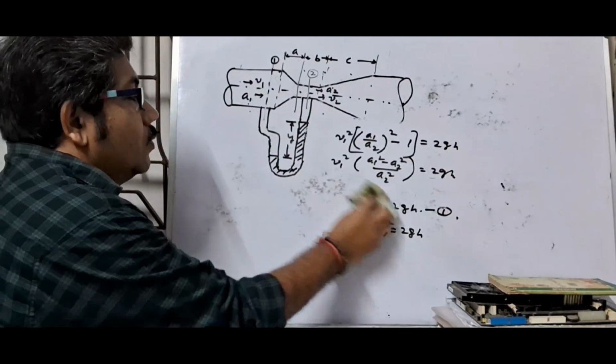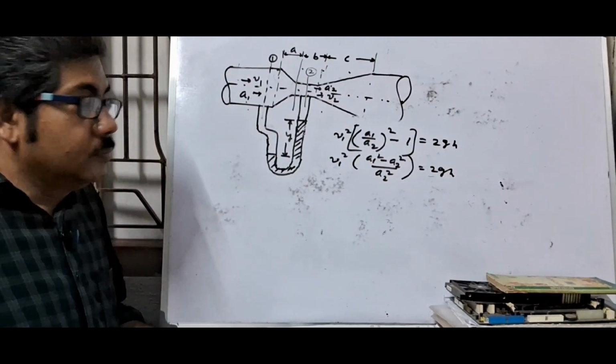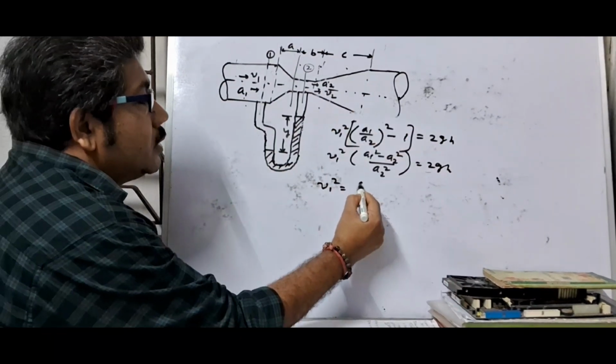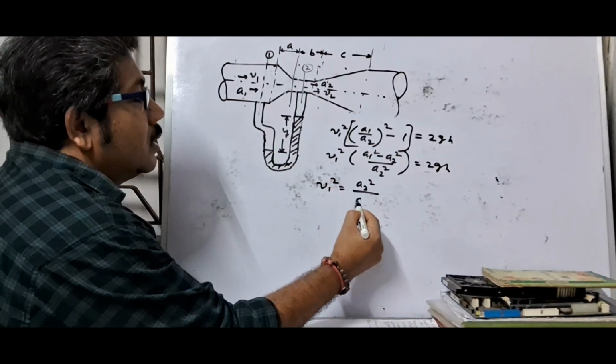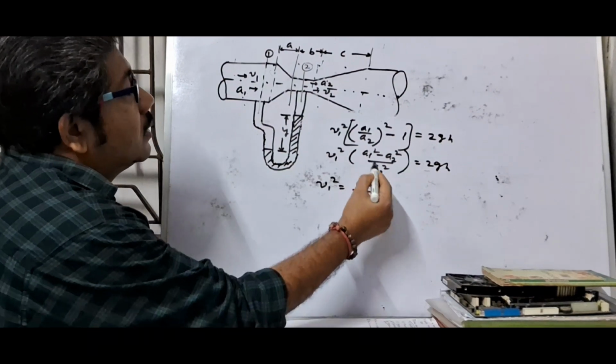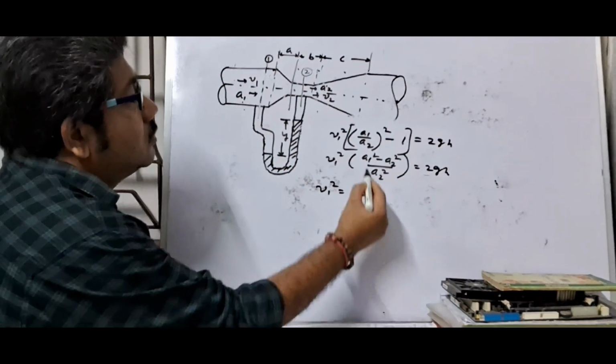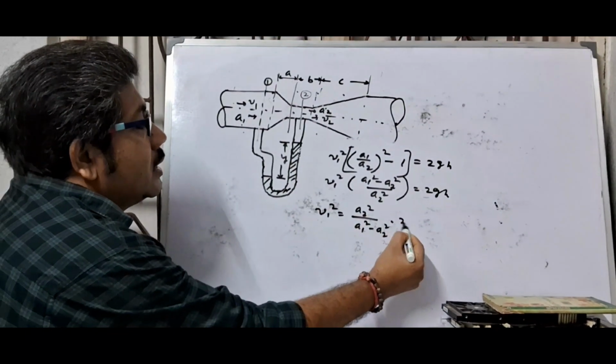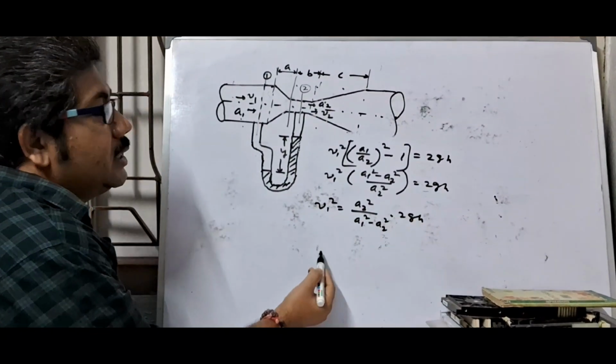So V1 square equals A2 square by A1 square minus A2 square into 2GH.